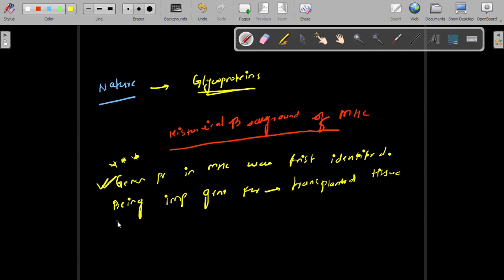And another important feature of the MHC molecules is that they are highly polymorphic in nature.